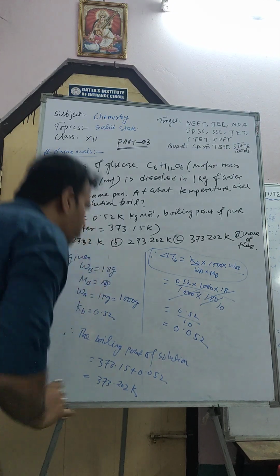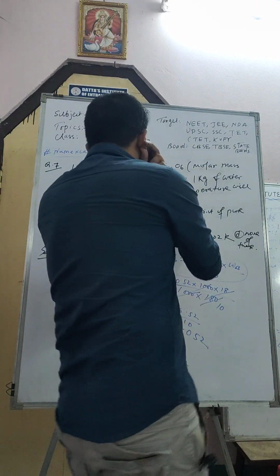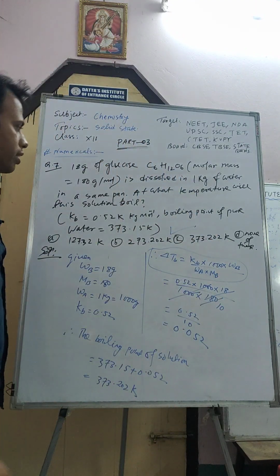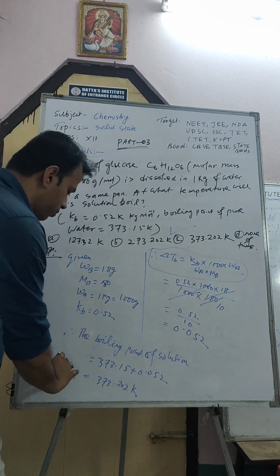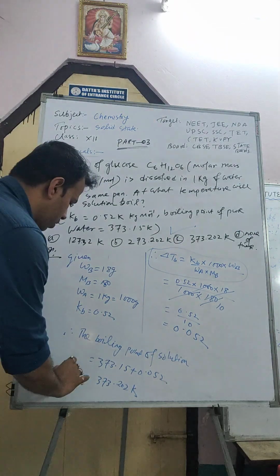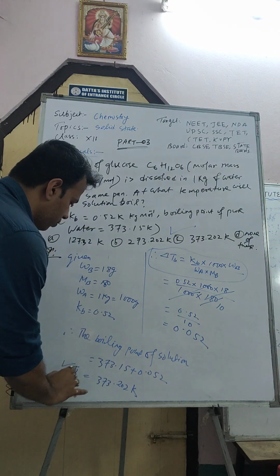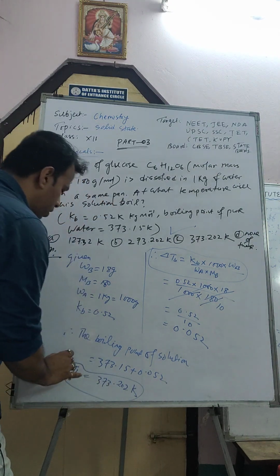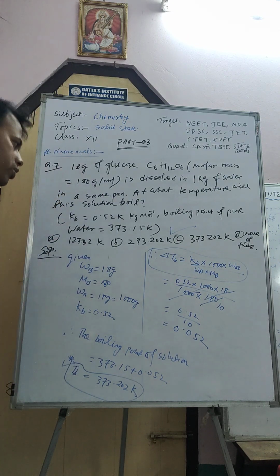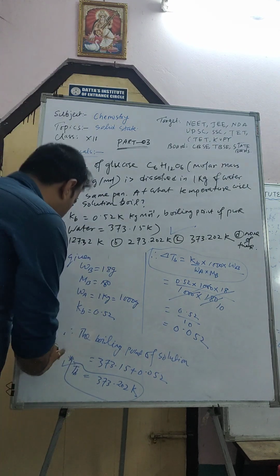So the boiling temperature will be this one. This is the TB, this is the boiling temperature of the solution. So option C will be correct.